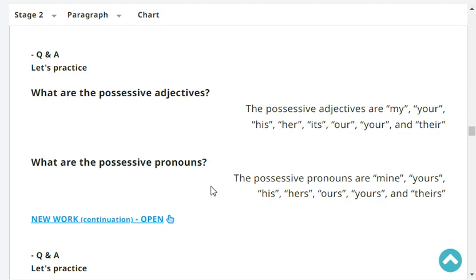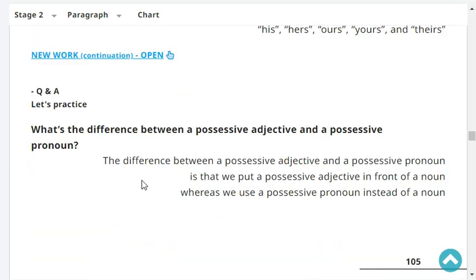The possessive pronouns are mine, yours, his, hers, ours, yours, theirs.